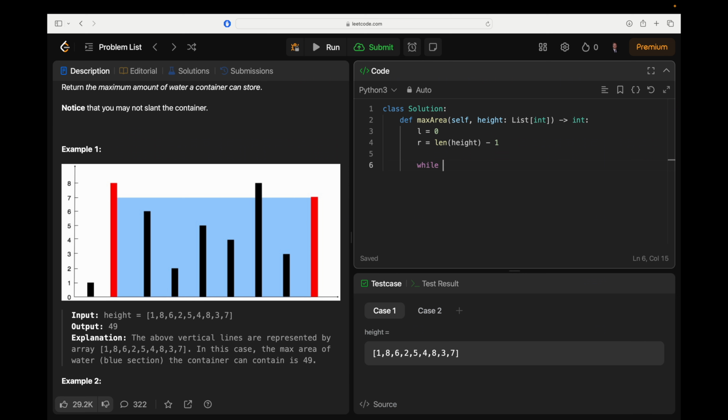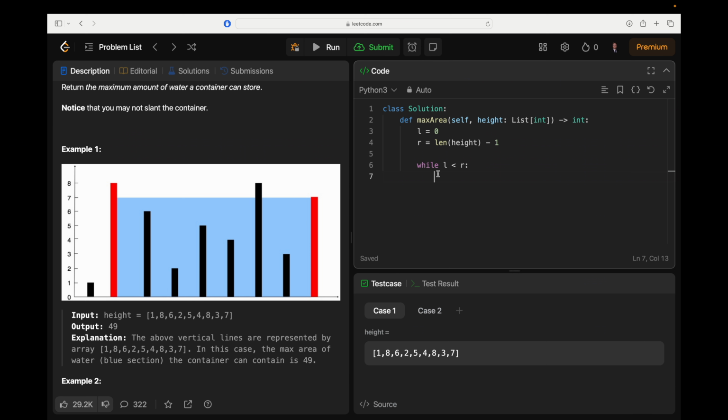Now we can just say while L is less than R, because we'll just basically move those pointers inwards as we go on.